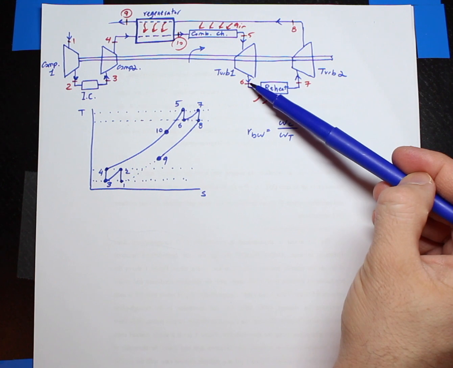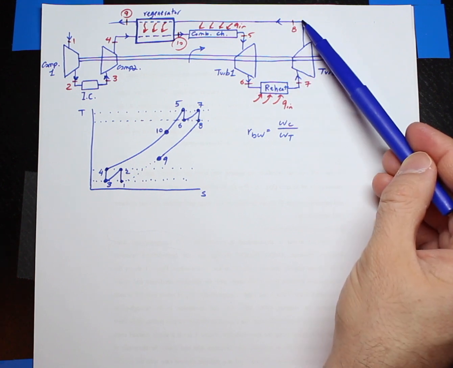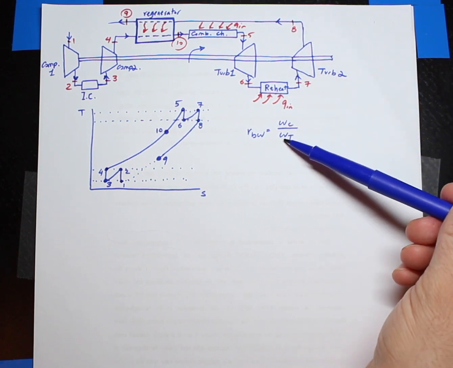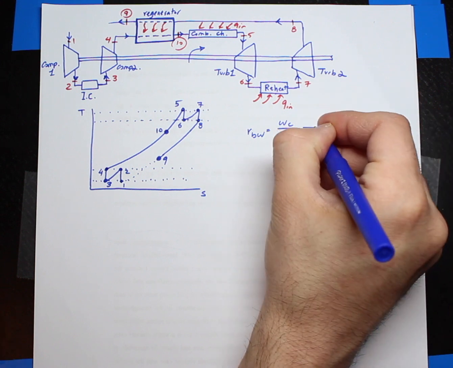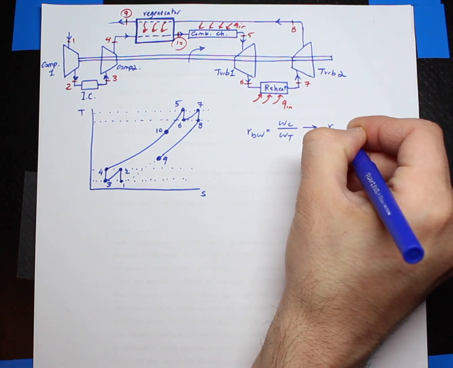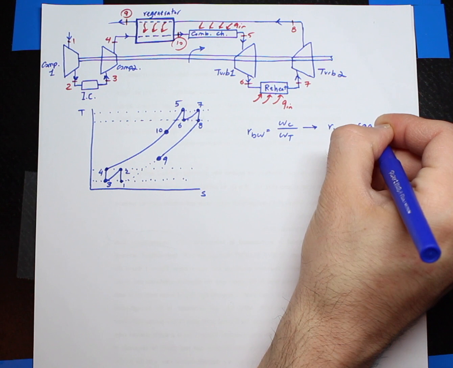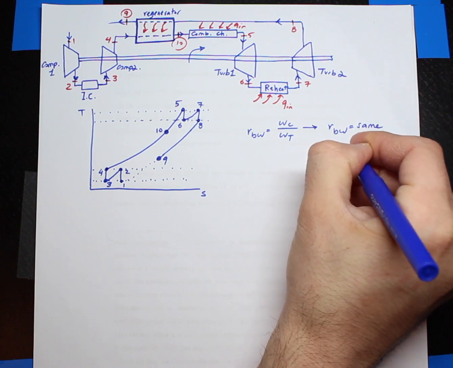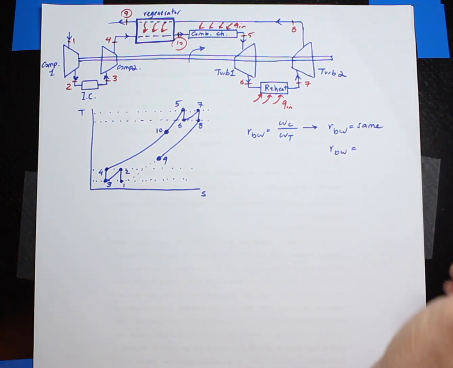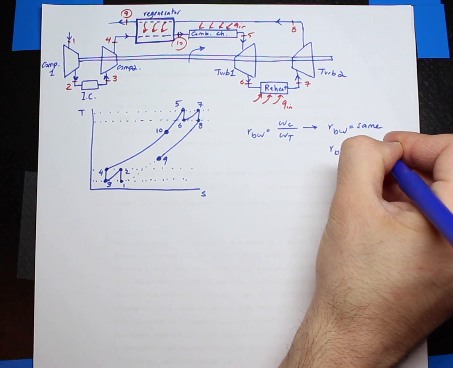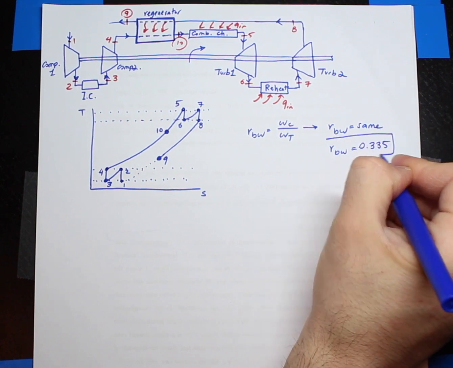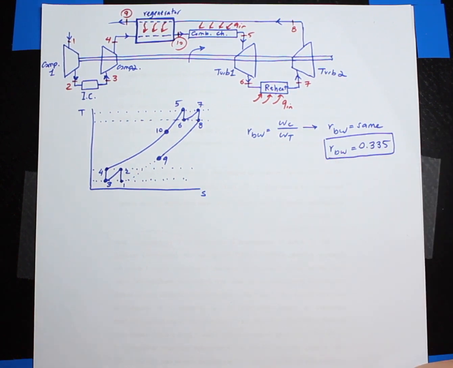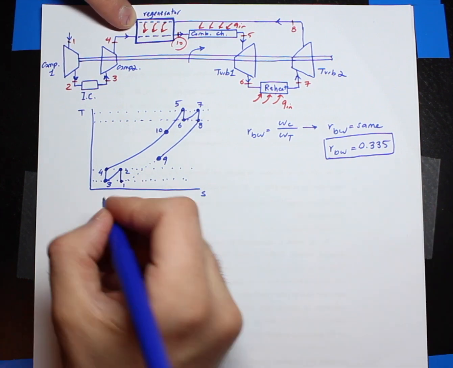Also, H5, H6, H7 and H8 are the same. So the turbine work is exactly the same. So at the end of the day, my back work ratio doesn't really change. So it's the same value that I had in part A, and that was 0.335.